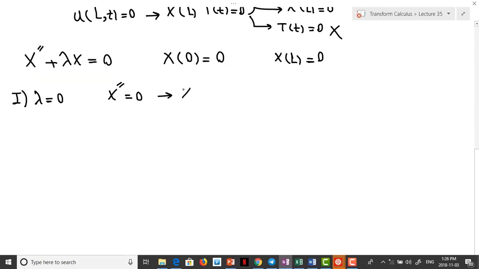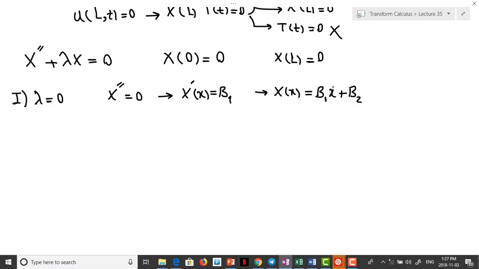As a result, X prime is equal to a constant, I call it b1, and X of x is a linear function. So it's b1 x plus b2. b1 and b2 are constants. So if lambda is equal to 0, we have X of x equal to b1 x plus b2.